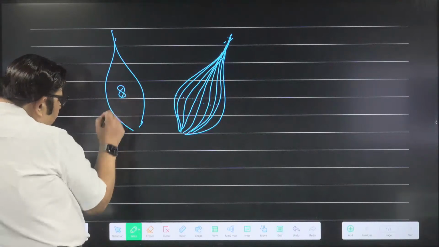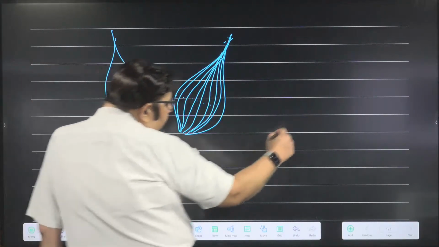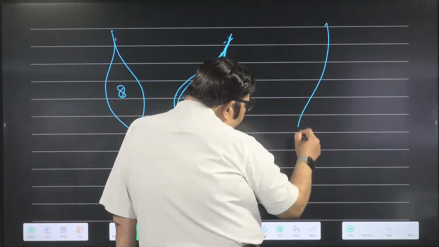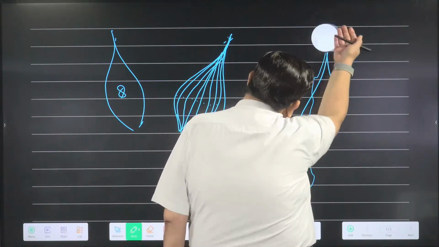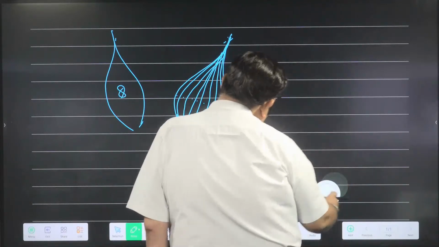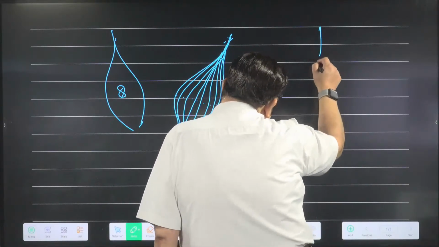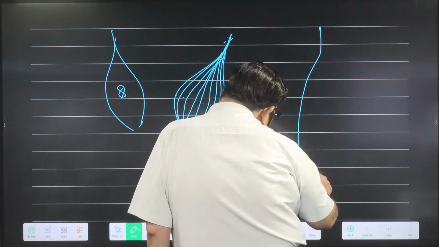Each ovariole is made up of a chain of developing ova. So if one ovariole is seen, this is how one ovariole looks.